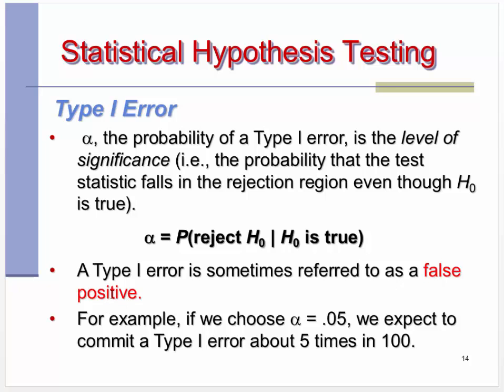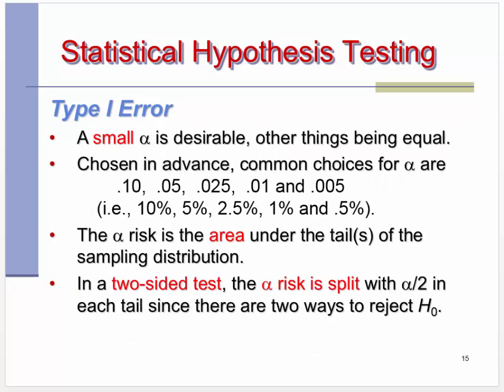For example, if you choose alpha equals 0.05, or 5%, then we expect to commit a type 1 error about 5 times in 100. So 5% of the time, we may be wrong in this case. Okay. A small alpha is desirable, other things being equal, because of course we all want to make fewer mistakes.